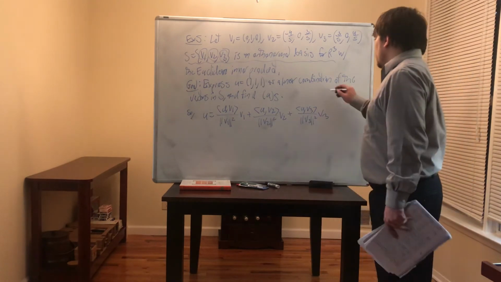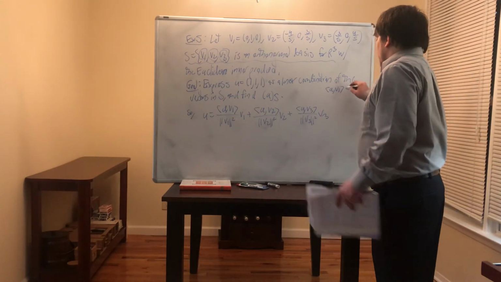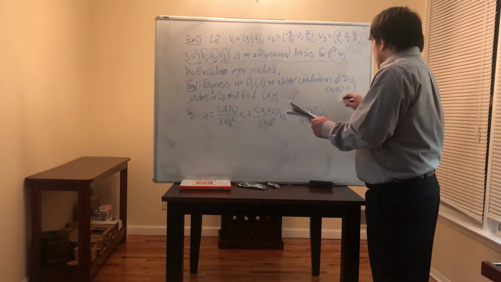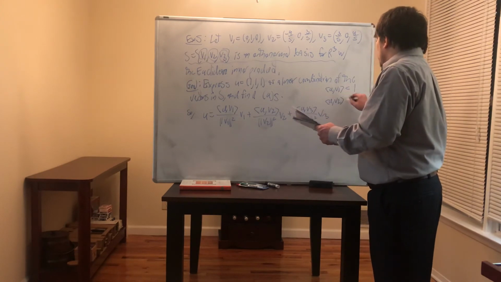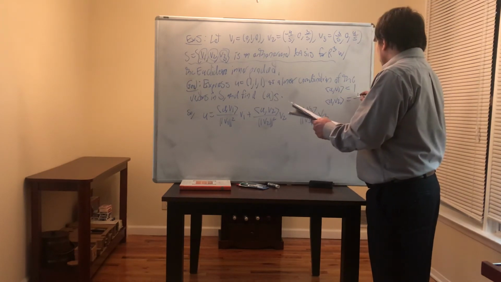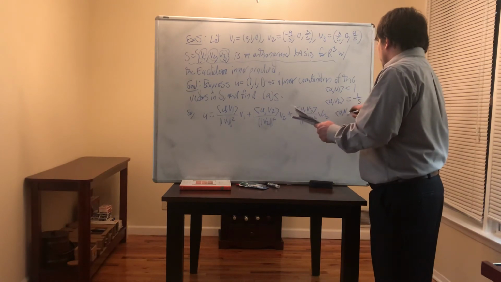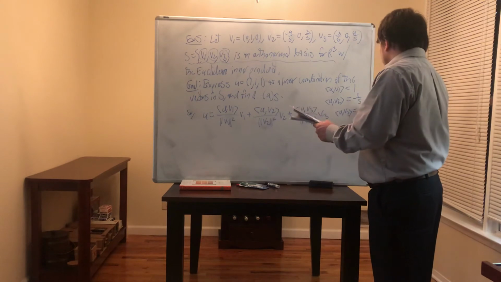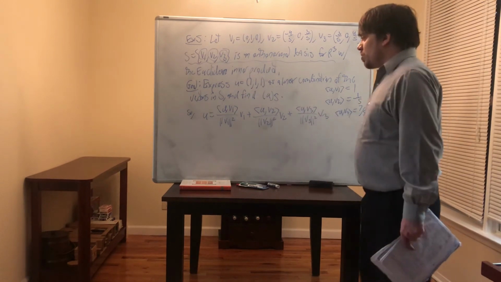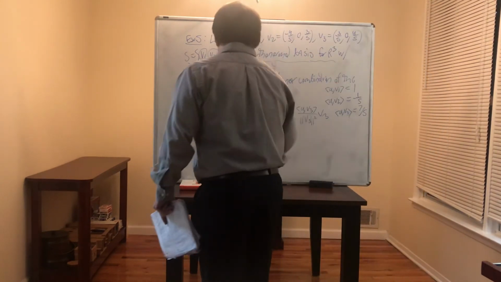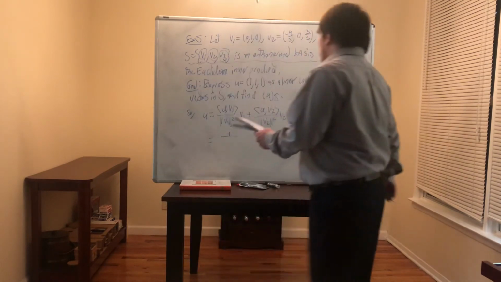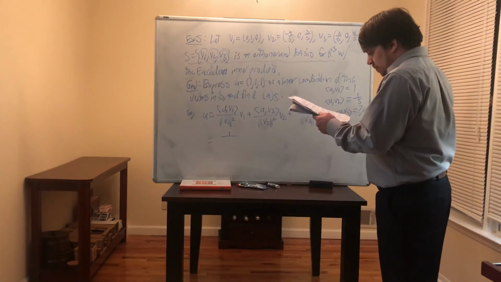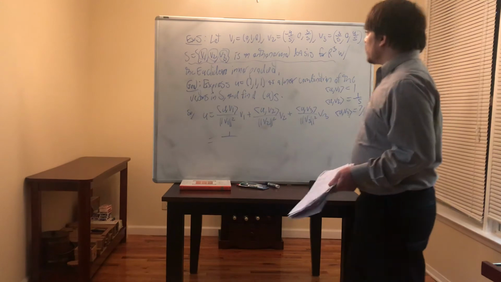Okay, so the inner product of u and v1, when you compute it, is 1. The inner product of u and v2 is equal to negative 1/5. And the inner product of u and v3 is equal to 7/5. Okay, so you just plug them in. So the inner product of u and v1 is 1 over, now the norm of v1, it's orthonormal.